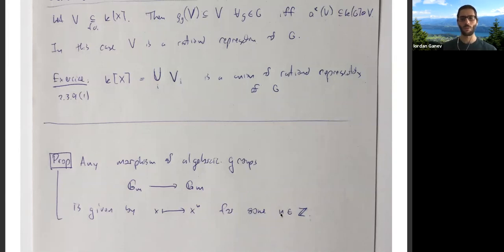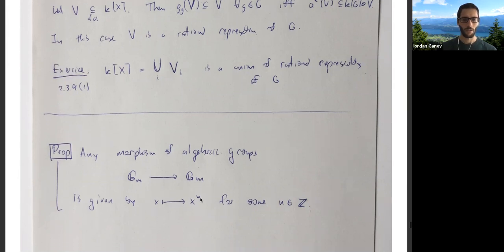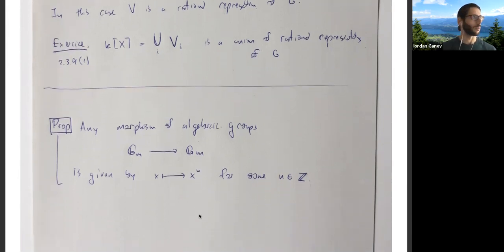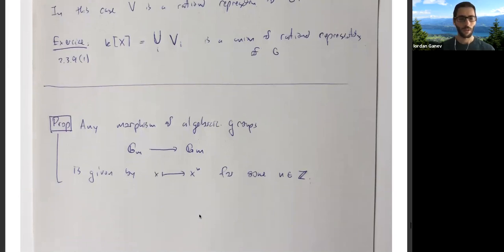So if we took n equals 0, then this would just map everything to the identity element. So it's the trivial homomorphism. In particular, it's not an automorphism, but for any other n, we get an automorphism.